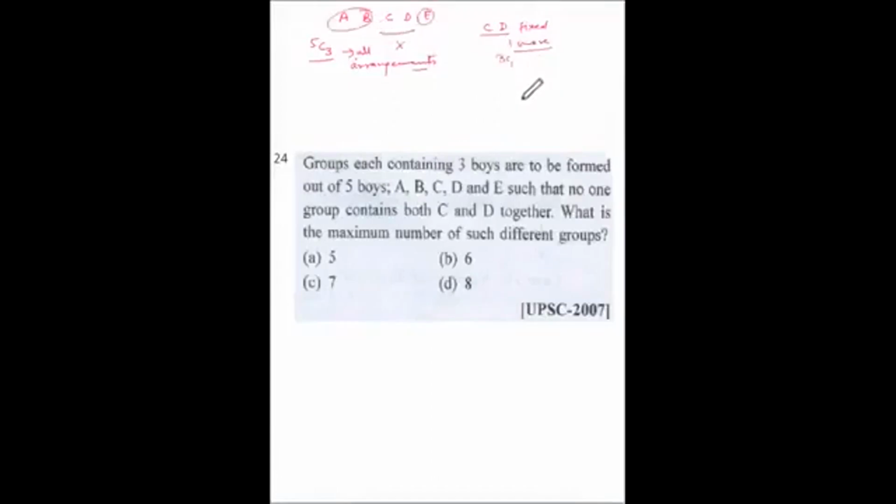So total minus this will give us the number of arrangements. It means 5C3 minus 3C1. It is factorial 5 upon factorial 2 into factorial 3 minus factorial 3 upon factorial 1 into factorial 2. So this is equal to 10 minus 3, which is equal to 7.